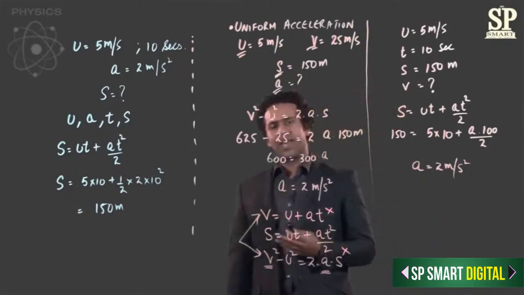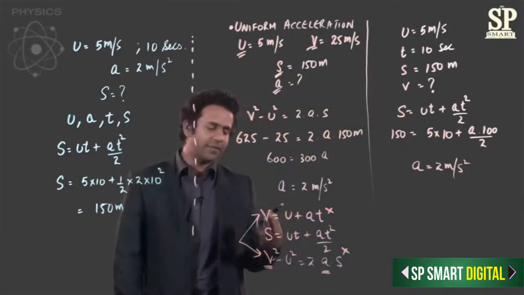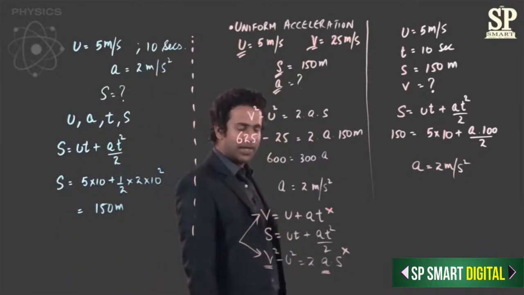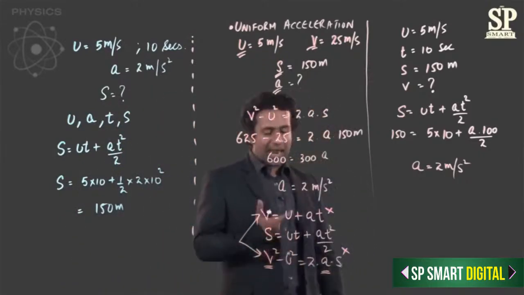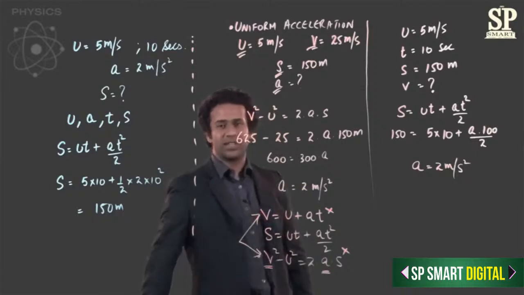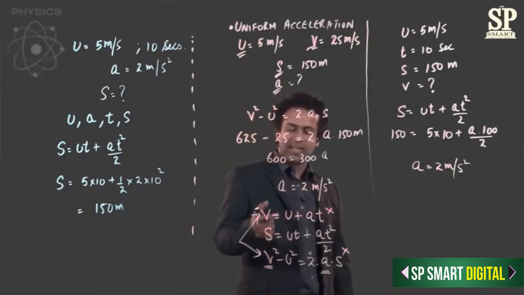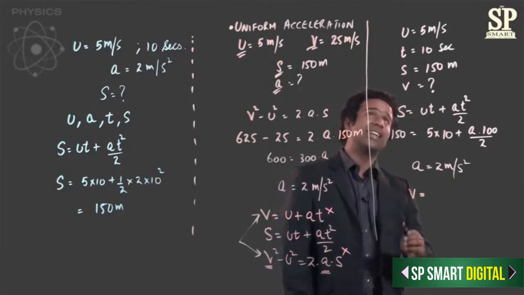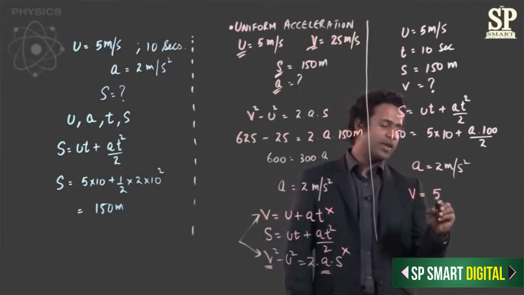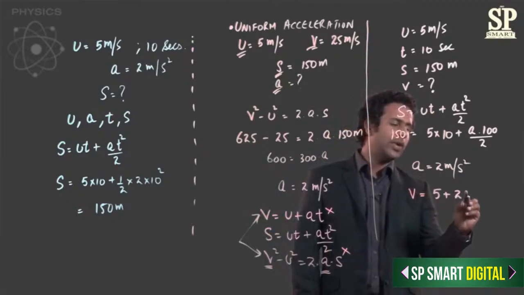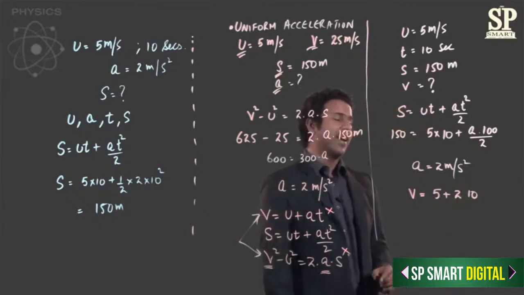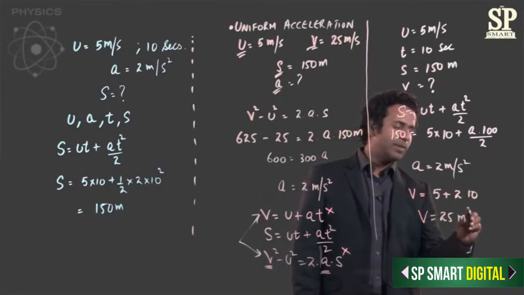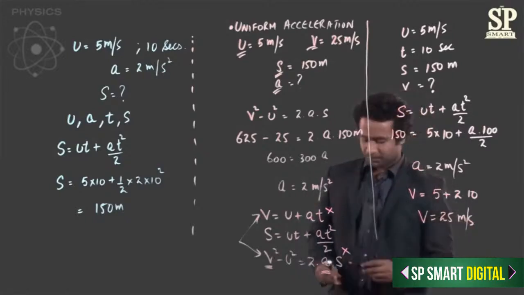And once you have a, you can use either the first or the third equation to find out the final velocity. But clearly, calculation wise, the first equation is much simpler to use. So let's substitute values in that. The final velocity will be equal to the initial velocity, which is 5, plus a, which is 2, into time, which is 10. And hence we see that the final velocity is 25 meter per second.